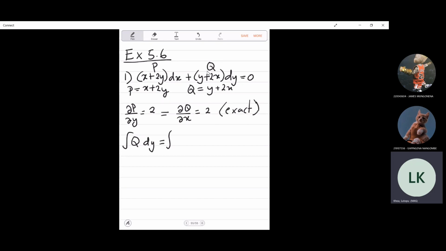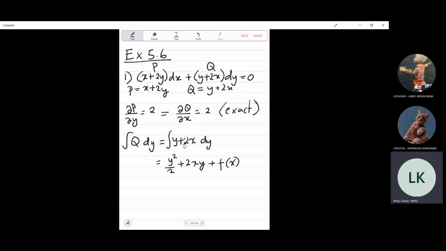This is the integral of y plus 2x dy, which is y squared over 2 plus 2xy, and then instead of a constant I put a function of x, because again when I differentiate this with respect to y, this will give me y, this will give me 2x, and this will give me 0.